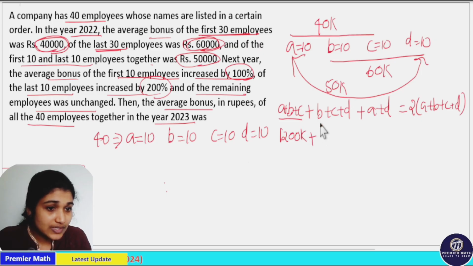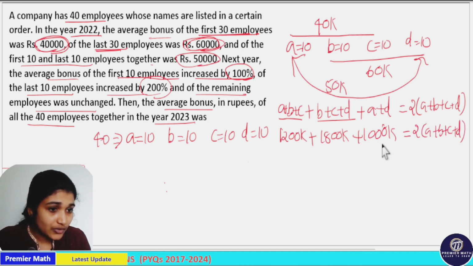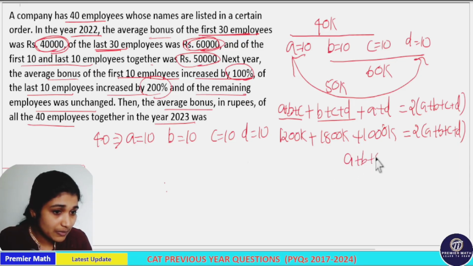And the sum of the last 30 people is 60 into 30, 1800K. And the average of the first and last 10 people is 50,000, so 50,000 into 20 is 1000K, which is equal to 2 times A plus B plus C plus D. Now you can see here this is total 4000K, which is equal to 2 times A plus B plus C plus D. Then A plus B plus C plus D is equal to 2000K.